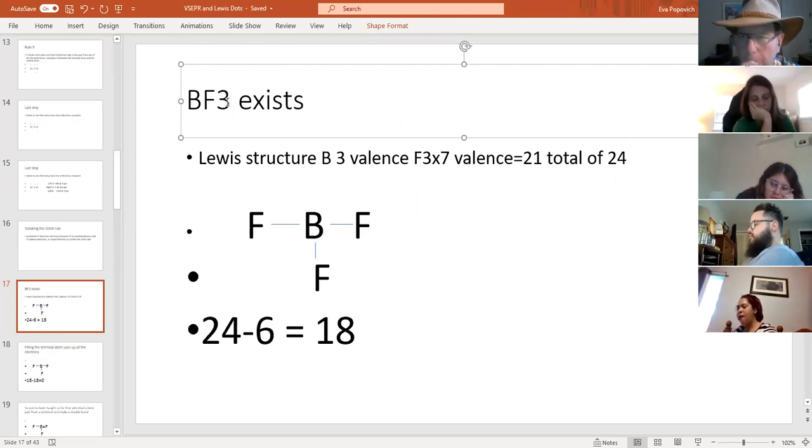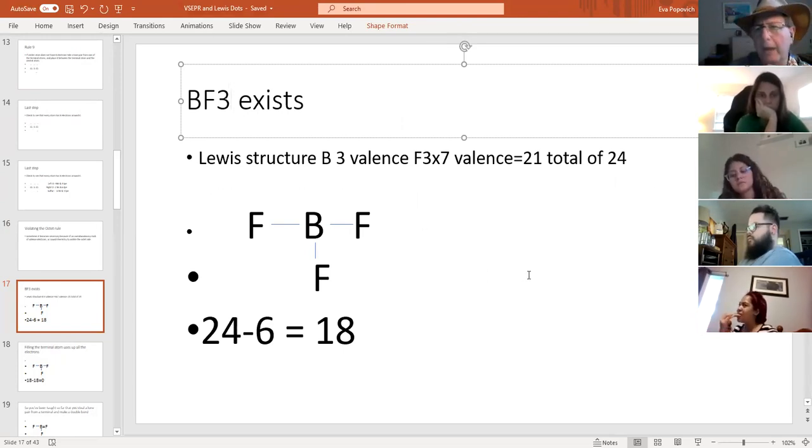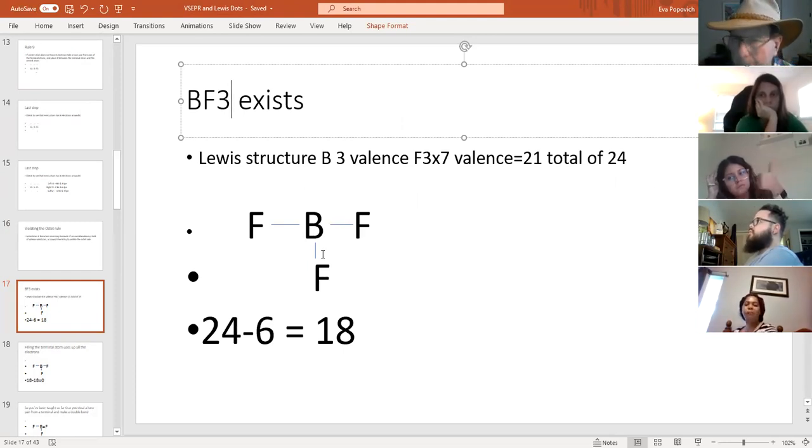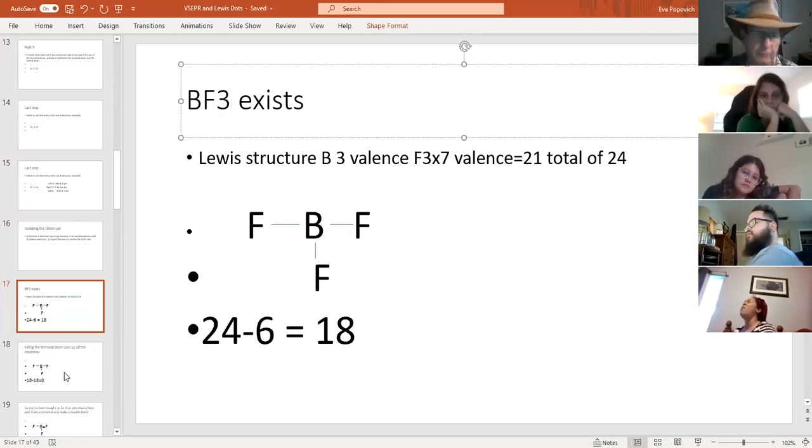Correct? By the way, everybody knows that a line is the same thing as 2 dots. We're good with that? So I put a line between each of my fluorines and the boron. I've used up 6 electrons. I have 18 left.